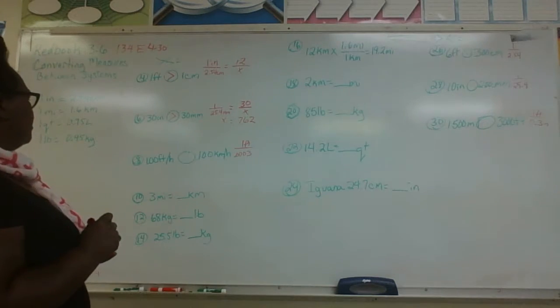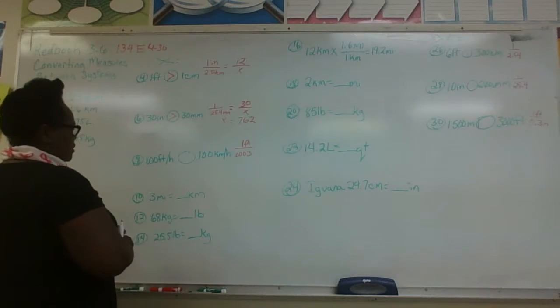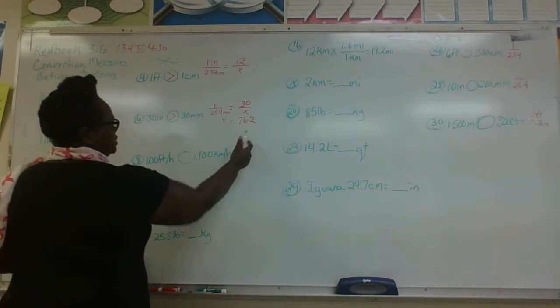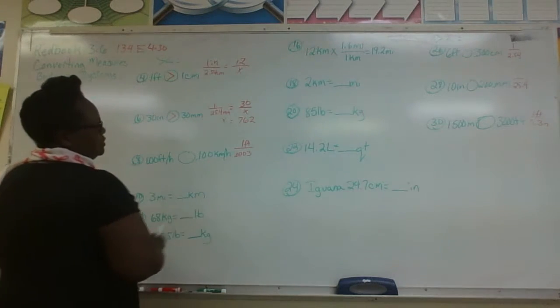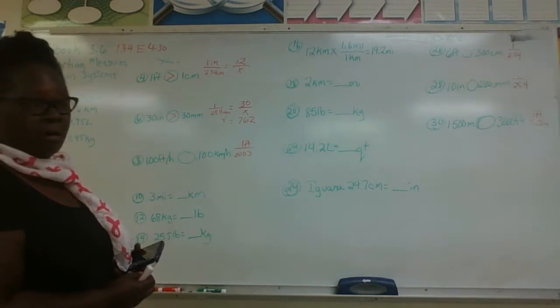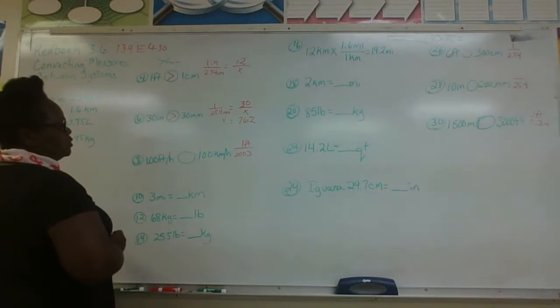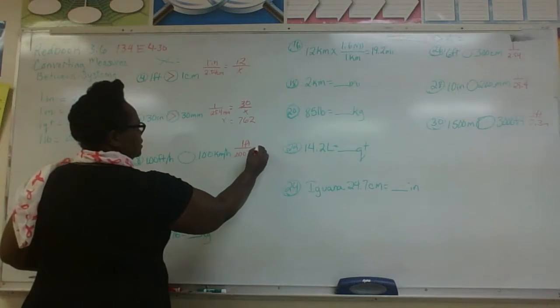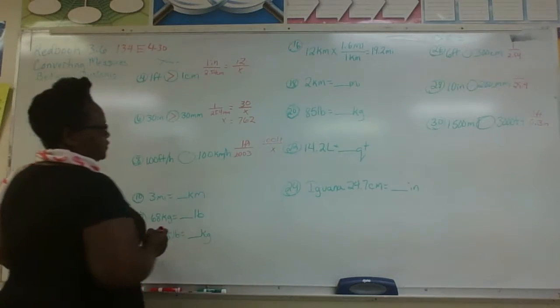Now, here we have a foot compared to kilometers. So 1 foot is equivalent to 3/10,000ths of a kilometer. Because we have 1 foot, let's compare to what it would be if we had 100 feet.